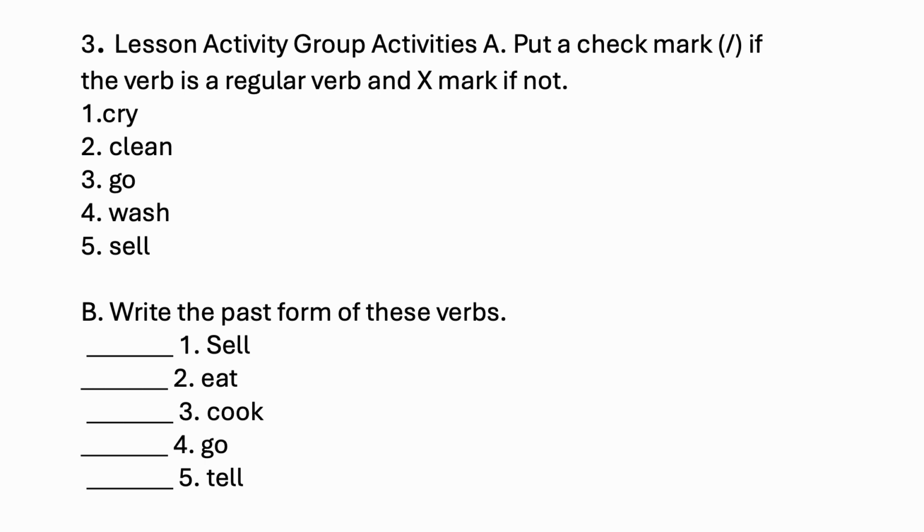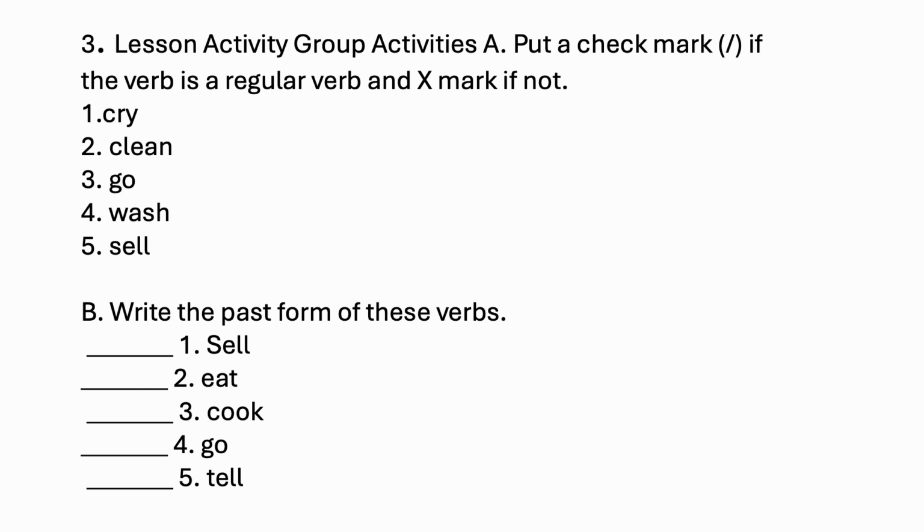We say regular verbs are verbs that follow a consistent pattern when conjugated in the past tense and past participle. We simply add ed or d to form their past tense.